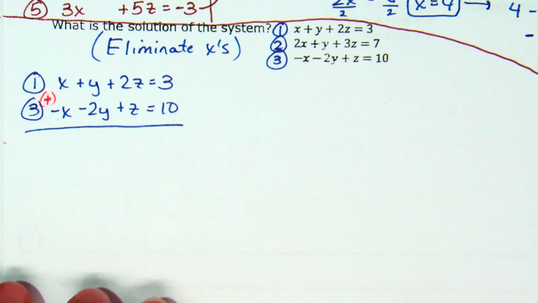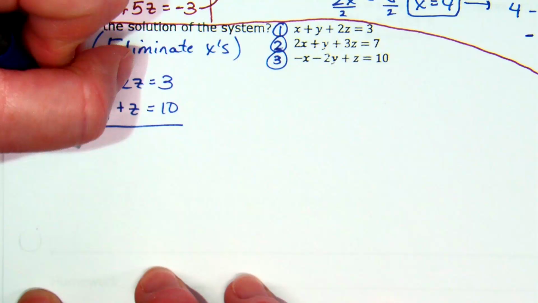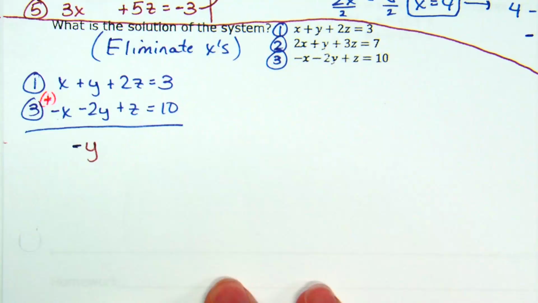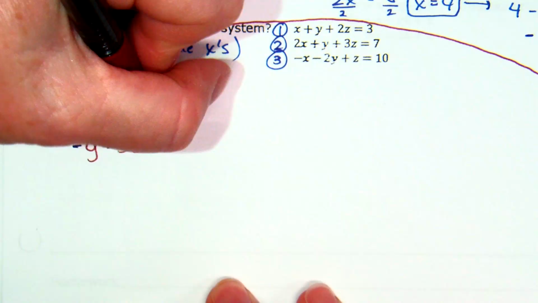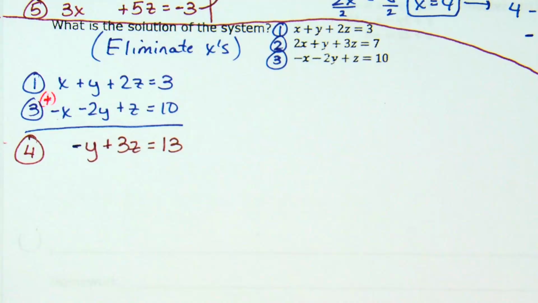X plus negative x is 0. Y plus negative 2y is negative y. 2z plus z is 3z. Carry down the equals, 3 plus 10 is 13. I'm going to call this equation 4.